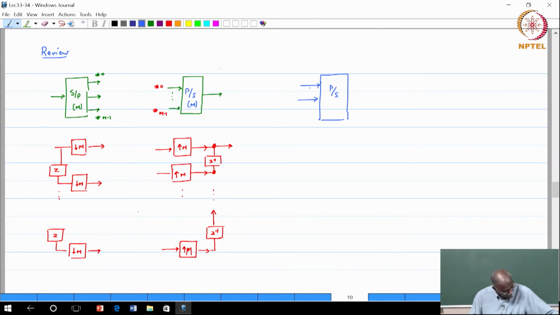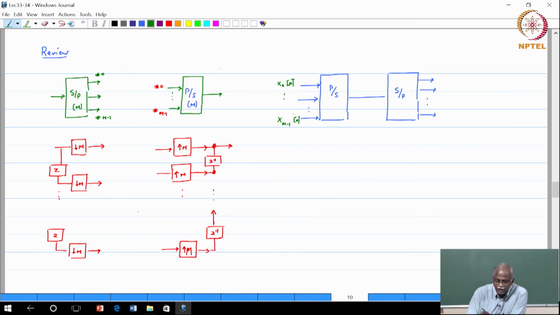Okay. I have many of these parallel to serial converters, and then followed by a serial to parallel converter, and if these inputs are denoted as x naught of n all the way to x m minus 1 of n, and the outputs are denoted as y naught of n to y m minus 1 of n, this was trivially mapped in the following way.